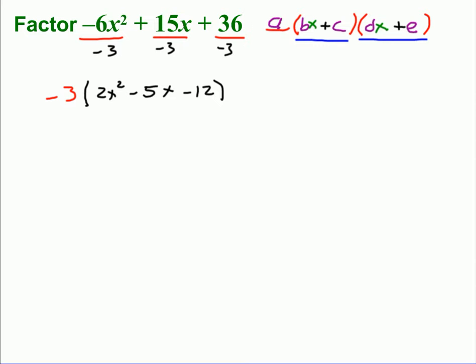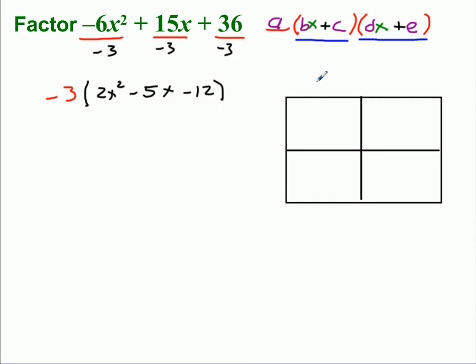Now, if I think about that a little bit, I'm looking for some binomial multiplied by some other binomial, such that the first 2 terms, if I'm thinking about FOIL, when I multiply them together, I end up with 2x squared.